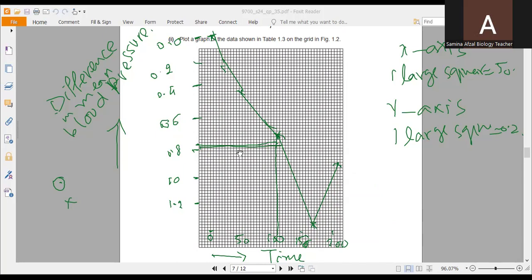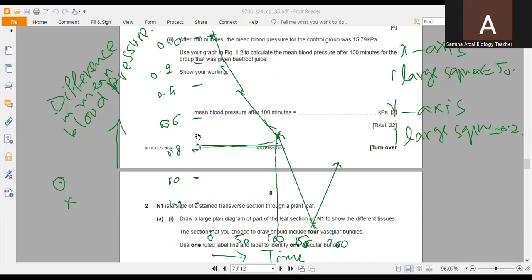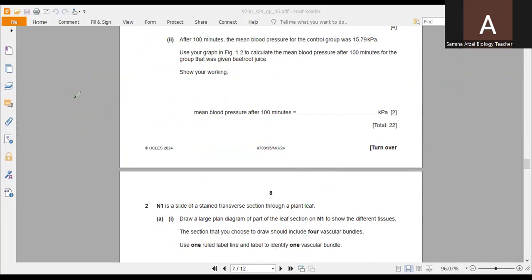Now I'm going to calculate with the formula. On the next page, we have to find the difference between these two values.